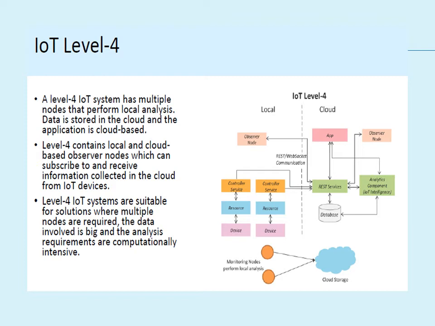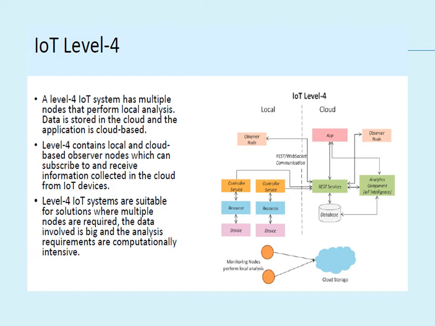Now with IoT level 4, the system has multiple nodes that perform local analysis. Here the data is stored in the cloud and the application is also cloud based. Since we are using multiple nodes, we use multiple controller services, resources, devices, etc. Those observer nodes can also be connected to REST services.